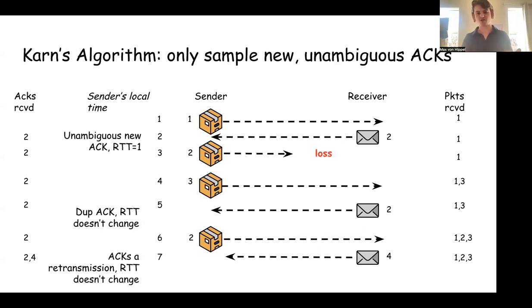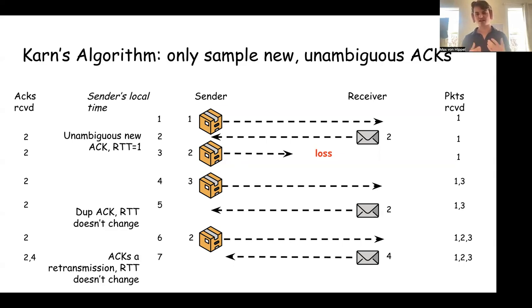The solution, which Karn and Partridge suggested, but which is referred to as Karn's algorithm, is as follows. First of all, we can refer to the first example I showed as being unambiguous because it was quite clear which packet it was acknowledging. There's no retransmission. We can refer to the next one as being a duplicate because it had value 2 and we'd already gotten an acknowledgement of 2. And the last one was neither a duplicate nor ambiguous.